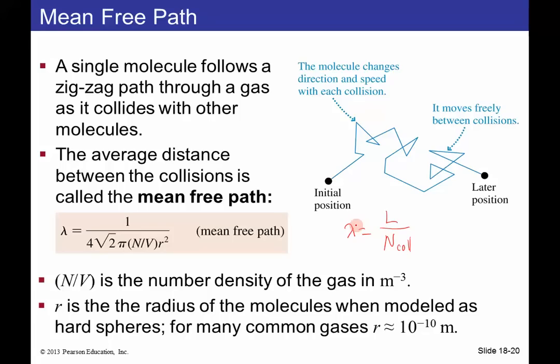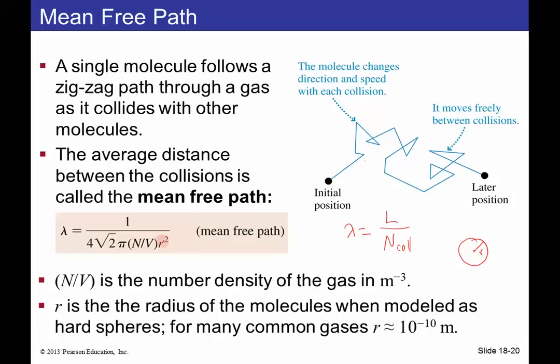And then we can prove, and this is on page 543 of the second version of your book, if you have it, and I'm not going to go through all the details here, but you can prove that this average distance is 1 divided by the density and the size of the particle, this r being the size of the particle, and some constants here. So this is an equation for the mean free path. And remember, the mean free path is nothing else but the distance between collisions.